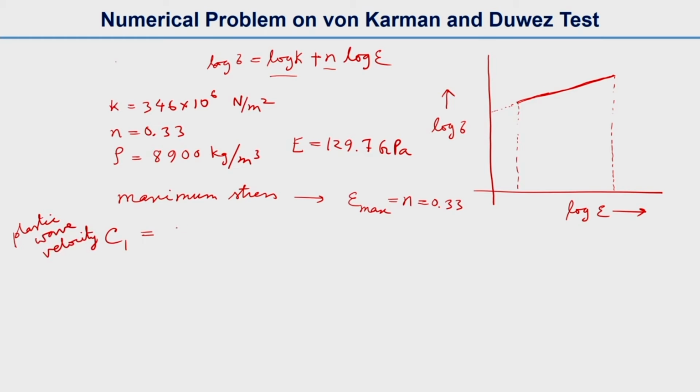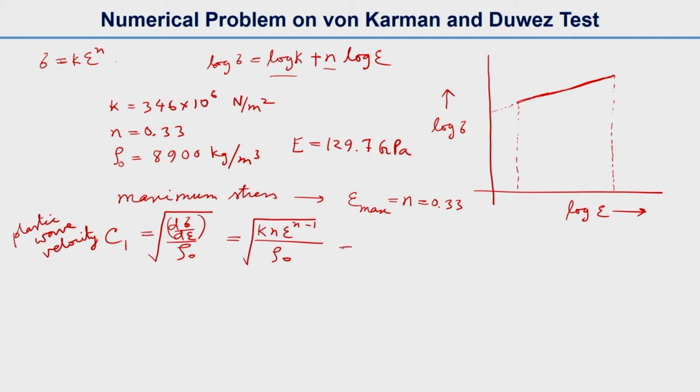The plastic wave velocity is the square root of d sigma d epsilon divided by rho naught, where rho naught is the density. From the earlier expression, sigma equals k epsilon to the power n, the derivative of sigma with respect to epsilon is k n epsilon to the power n minus 1, divided by rho naught.